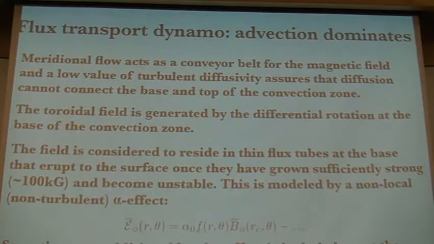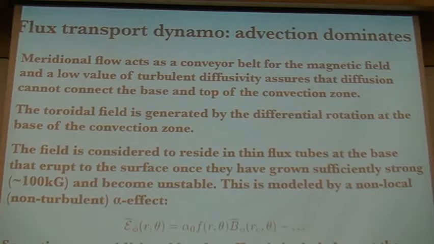Once this field has grown large enough, first of all, it's considered that this magnetic field is concentrated in these thin flux tubes at the base of the convection zone. And once the magnitude of this field is large enough, they become unstable and then they erupt to the surface.